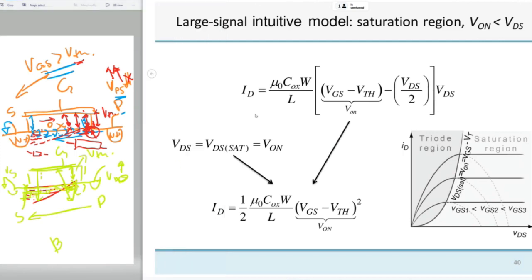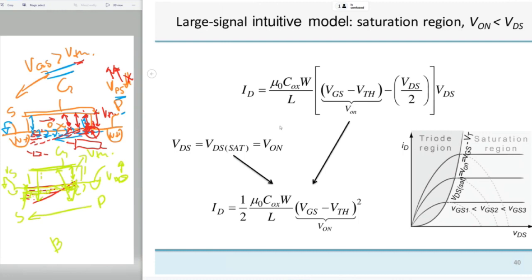Because the channel pinches off, we cannot maintain the channel here. Its resistivity or conductivity also pinches off, and it does not depend very much further on the drain-source voltage. There is the channel length modulation. I know that you know this, and we'll discuss it as a second order effect.